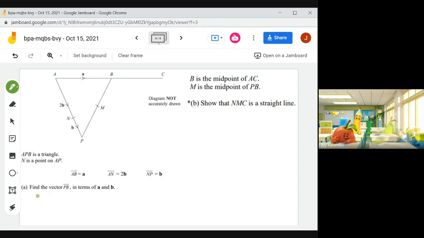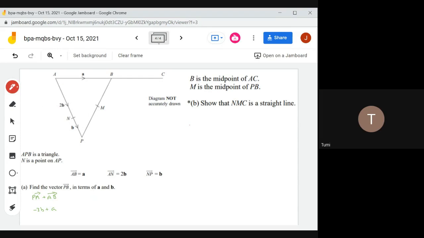Yes. So P to B, you're going to go P to A first, and then plus A to B. So that's going to be minus 3B plus the vector A. Indeed. Okay, for part B, what did you at least try to do?